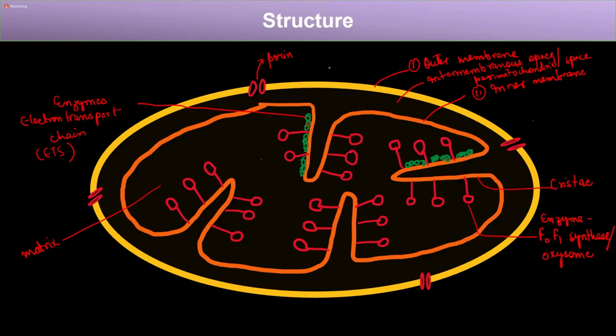So the first thing is the outer membrane. What we saw is that the outer membrane itself is also a double layer, right? The outer membrane is a double layer, and it is made up of lipid, just like a plasma membrane.